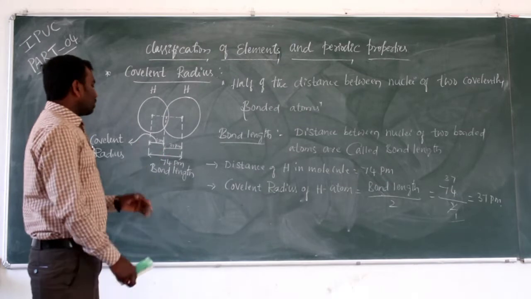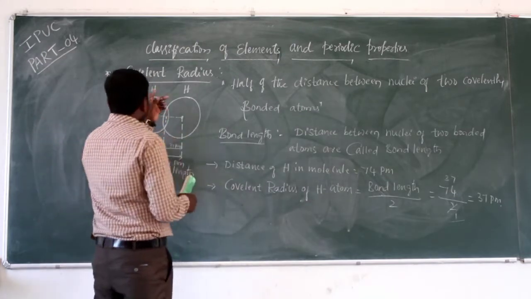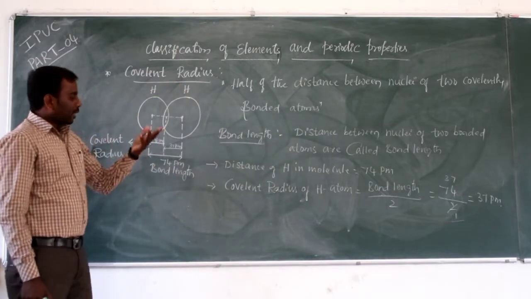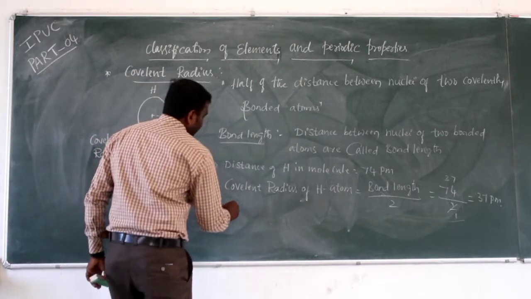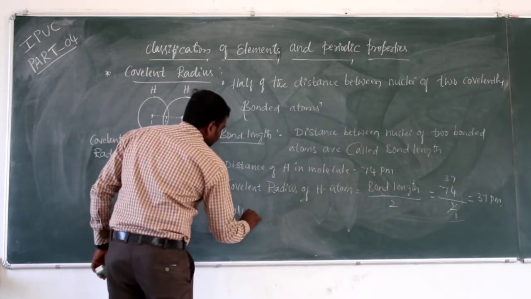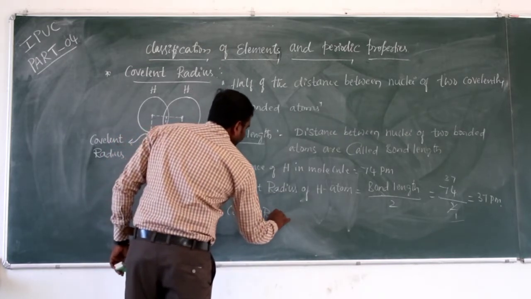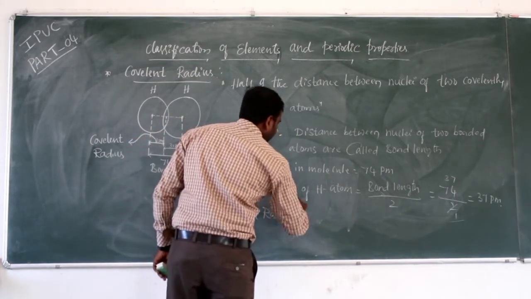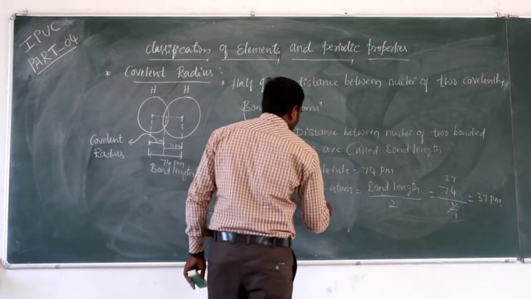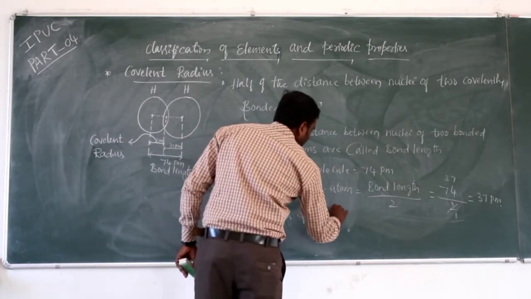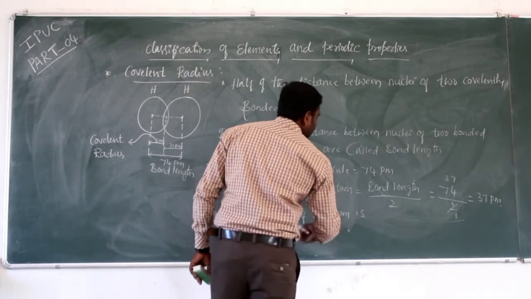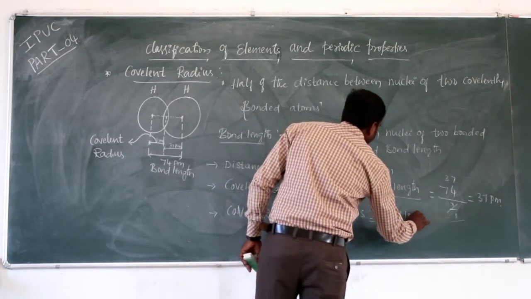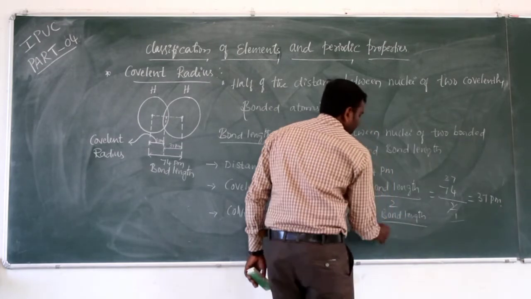Is it clear? And for another example, these two hydrogens are replaced by chlorine. So the covalent radius of the chlorine atom is, see here, bond length divided by 2.